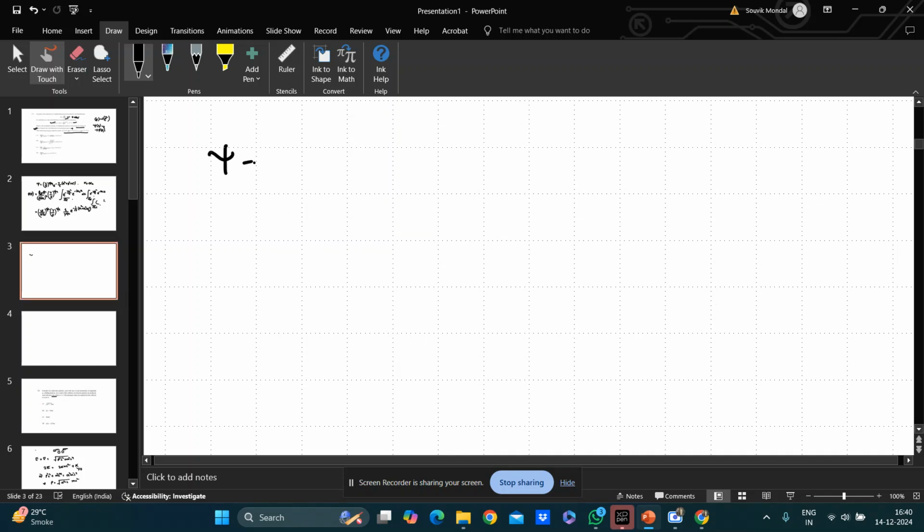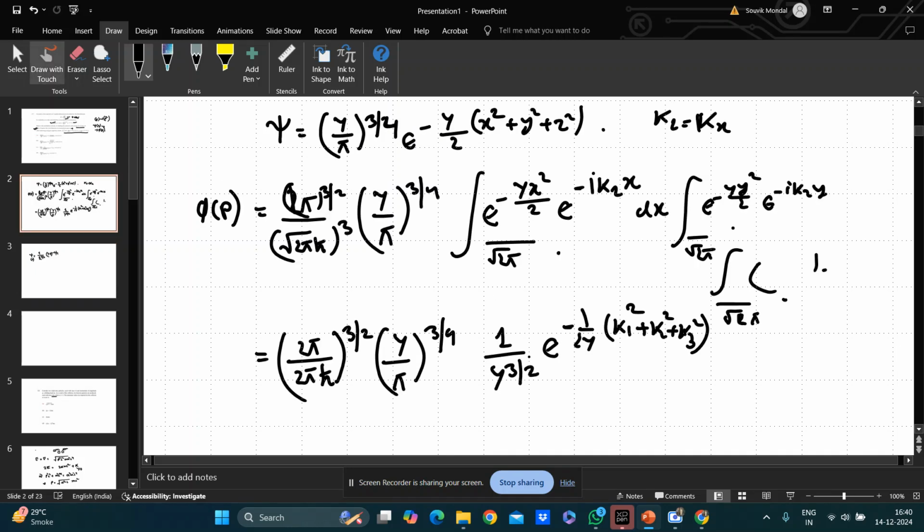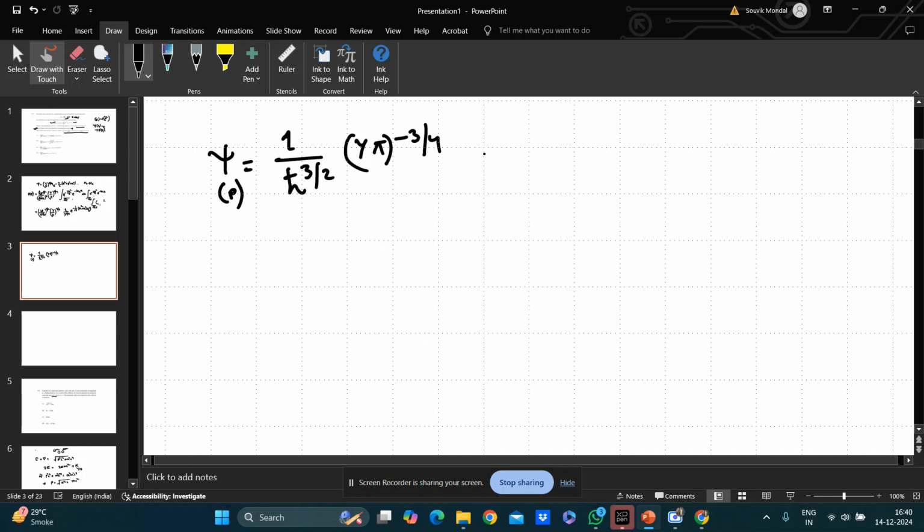So what is your phi p? Phi p is 1 by h cross to the power 3 by 2, gamma pi to the power minus 3 by 4, into e to the power minus k squared by 2 gamma.